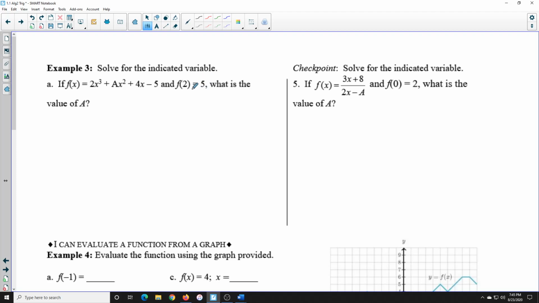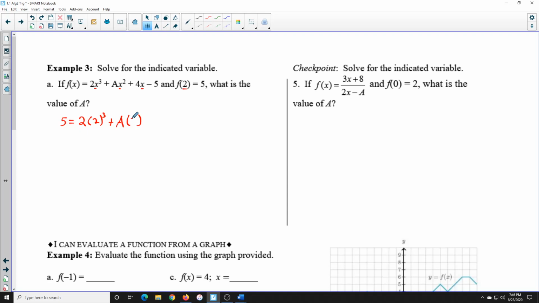So 5 goes where f of x is, and then we're plugging 2 in for all of the x values. So we're going to say 2 times 2 cubed plus a, that's the thing we need to find.